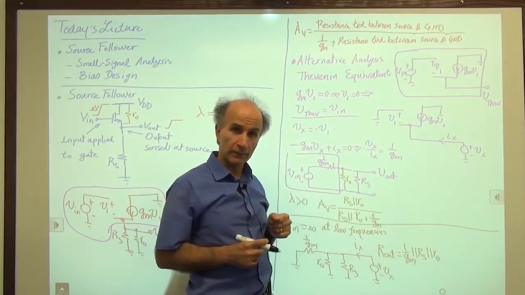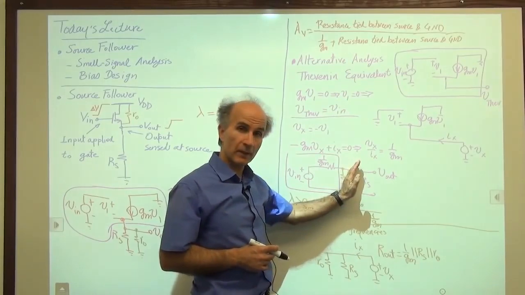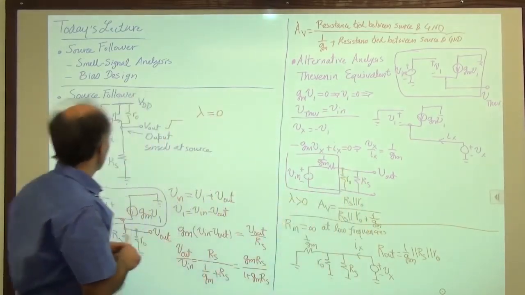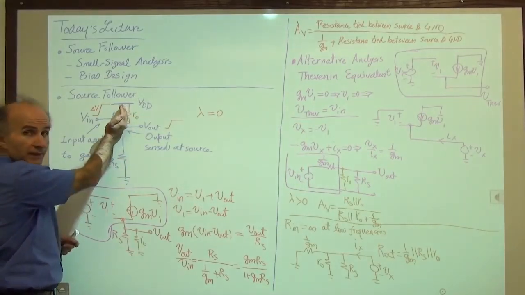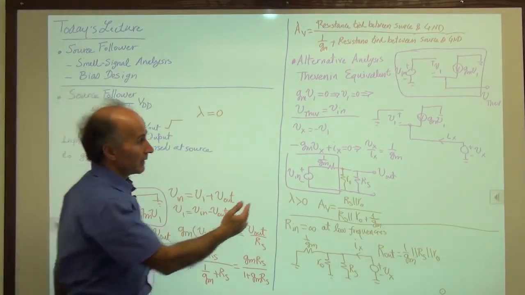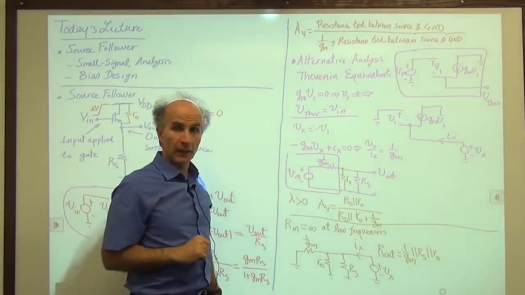And that's fine too. Okay, so either way works. You can keep RO outside that box because it is really outside. It's just tied between here and AC ground. That box is just the MOSFET itself. Or you can keep it inside the box and have a new Thevenin equivalent, and these results will remain intact.